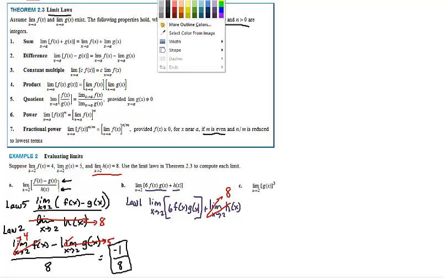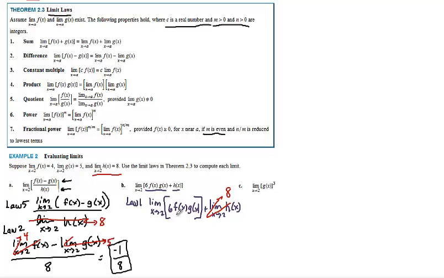So now I've got this guy here, which is a constant multiple. That's law 3 multiplied by this. So I'm actually going to do law 3 and law 4 at the same time.